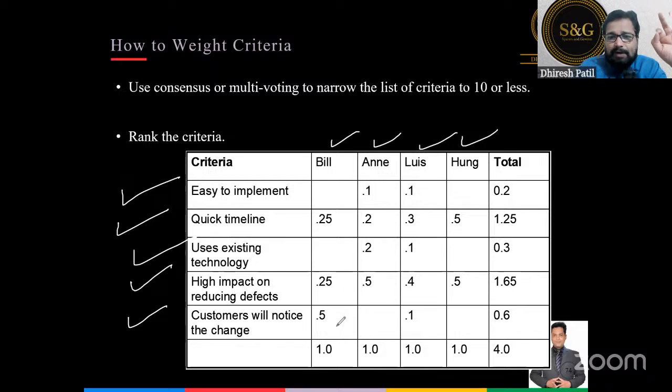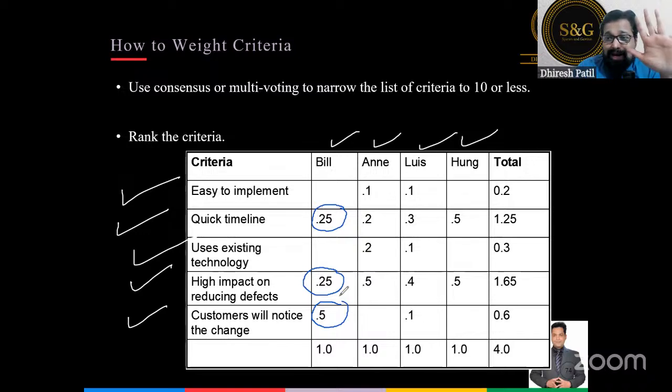For example, Bill has given 25 points to quick timeline. According to Bill, the faster implementation should get 25% weightage. The high impact on reduction of the defect should get another 25%, and the remaining 50% he has given to the customer impact.